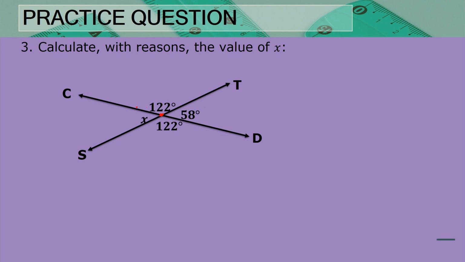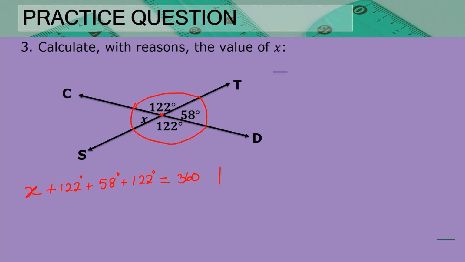So as we can see, these four angles, they all share a common vertex. And what do we know about angles that share a common vertex around a point? Yes, they add up to 360 degrees. So what does this mean? So it means that x plus 122 degrees plus 58 degrees plus 122 degrees, they all add up to 360 degrees.